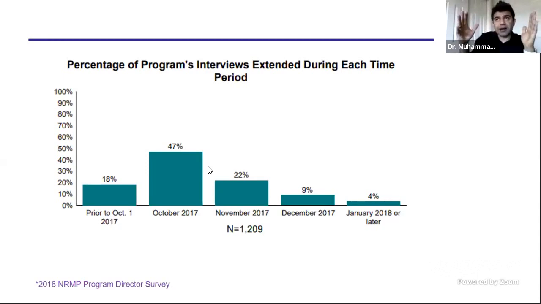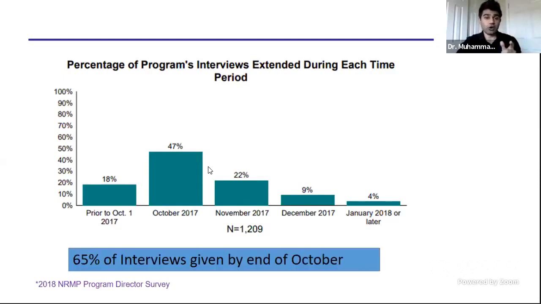How important is it that I apply early? Early means as soon as September comes and they open the application, I should apply. Why? Look at this. The best time to get the interview call is October. In the month of September, about 18% of the programs call for an interview.